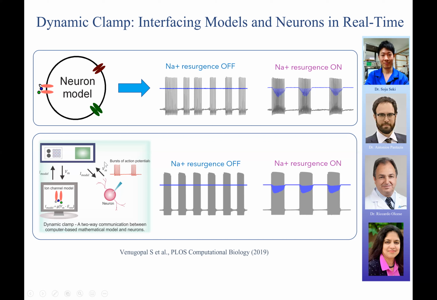So the idea here is that as we are recording the voltage in this neuron, that voltage is fed back into this model, which then updates the channel current as though it is a knock-in channel in the real neuron. And then that current once again modifies the neuron's properties, and then we see the type of response that we saw in the model neuron. But this is a real neuron with a manipulation coming from the model channel. So this was really cool that we were able to mimic what we saw in simulations in actual experiments.